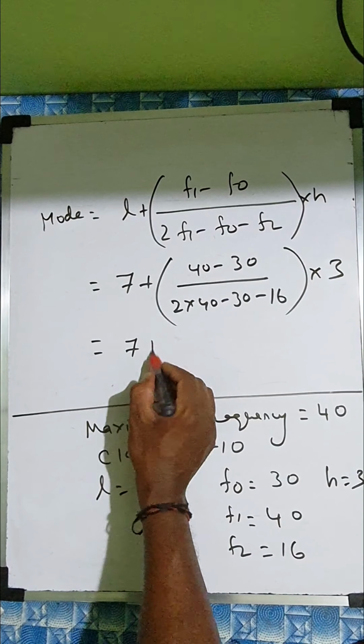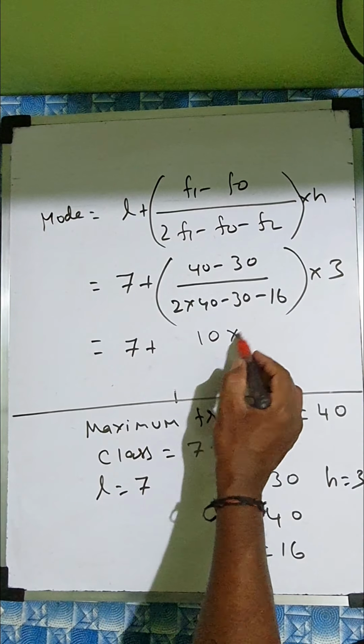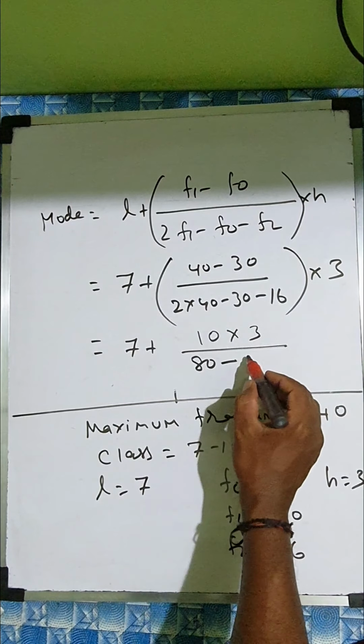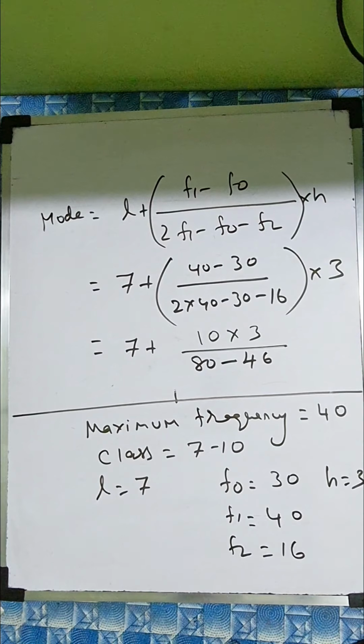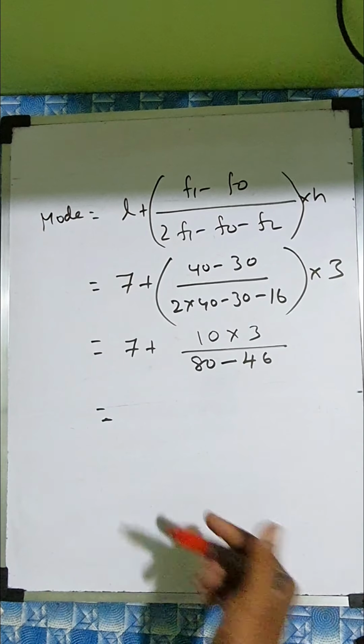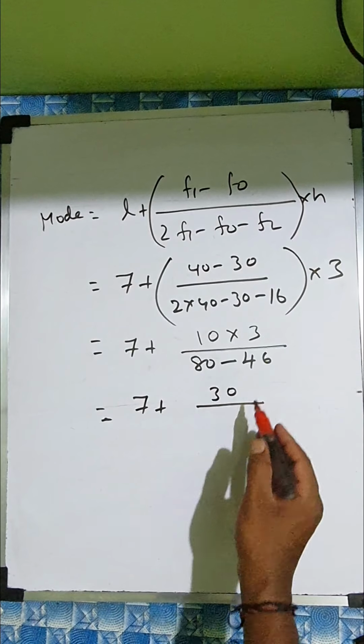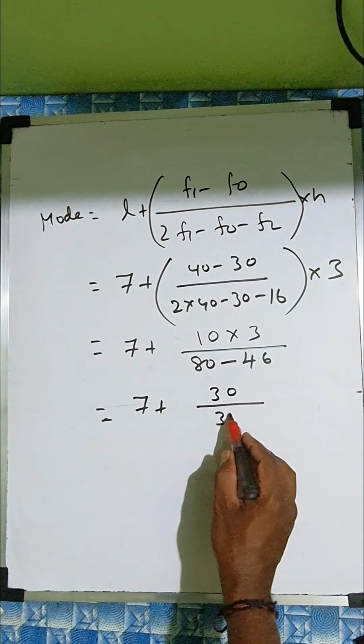So 7 plus 10 into 3 divided by 2 into 40, which is 80, minus 46, which is 34.